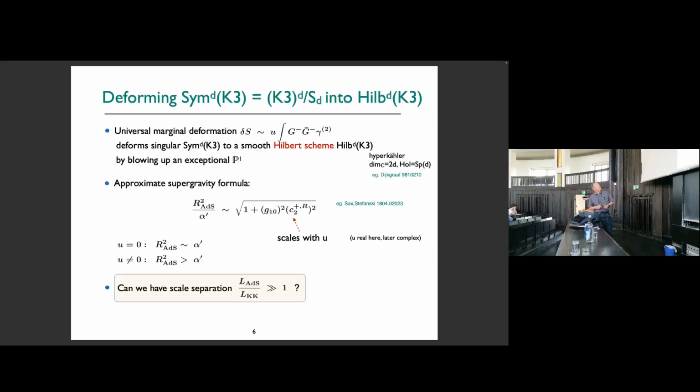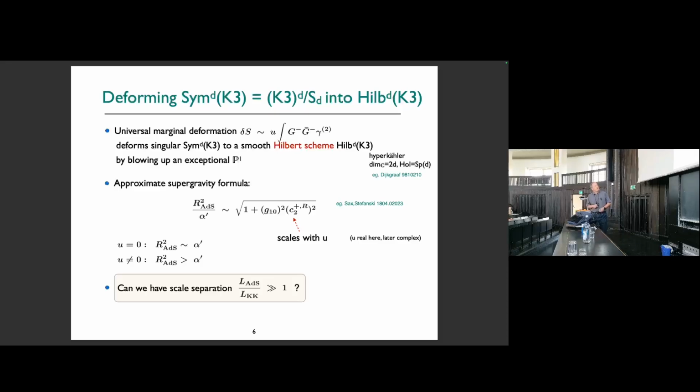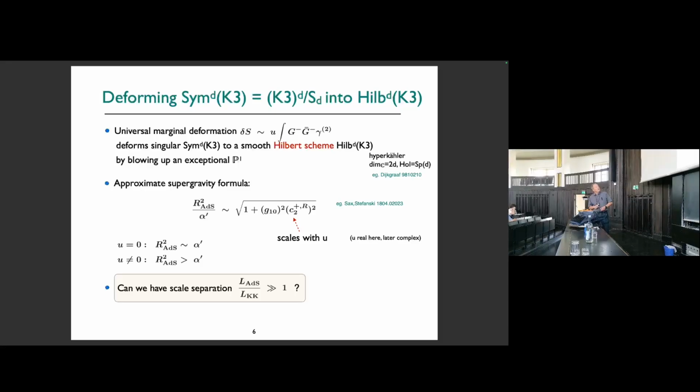And the physical motivation is, of course, that there exists a relationship between these parameters of the theory and the AdS radius. If the theory is not perturbed, then typically the AdS radius is of the same size as alpha prime. But if you switch it on, and the parameter u is proportional to the Ramond self-dual 2-form flux, the AdS radius becomes larger.